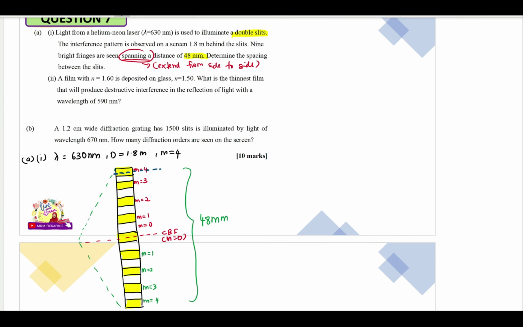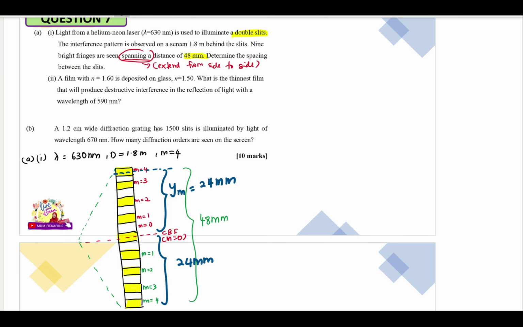Kalau daripada atas ke bawah 48 mm, kita consider daripada central bright fringe kepada order yang keempat, ym dia akan jadi bahagi 2. 48 mm divide 2 dia akan jadi 24 mm. Sama juga yang ini, 24 mm.